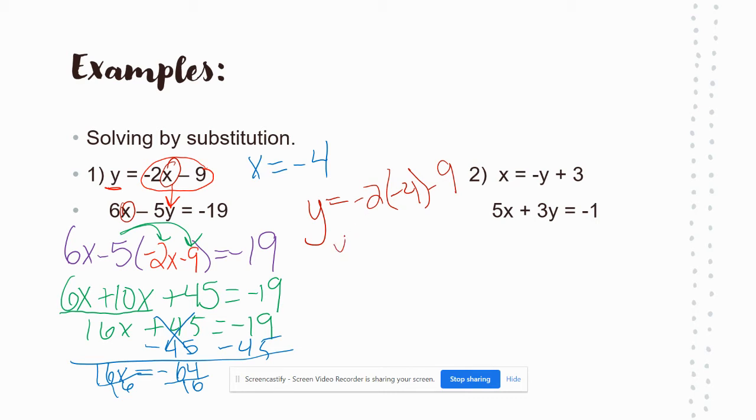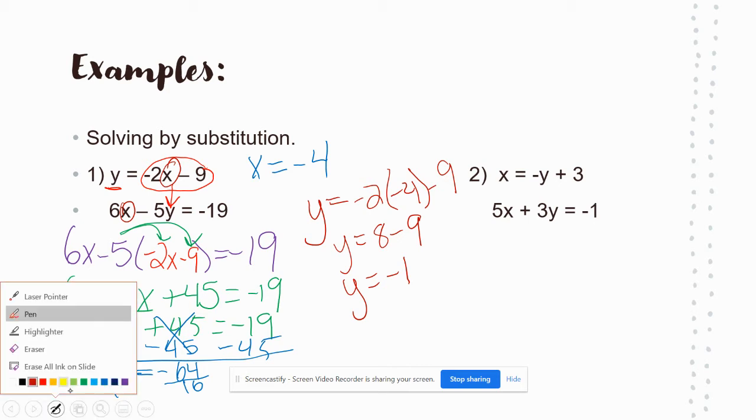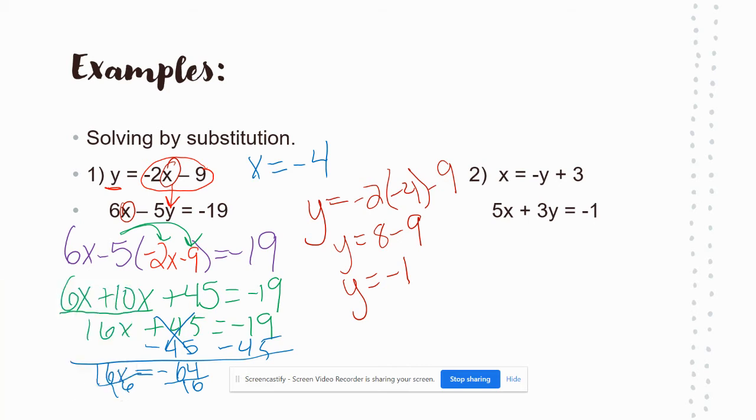Negative 2 times negative 4 is positive 8. And 8 minus 9 is negative 1. So our final answer, remember we write everything in ordered pair form, is going to be negative 4, negative 1.